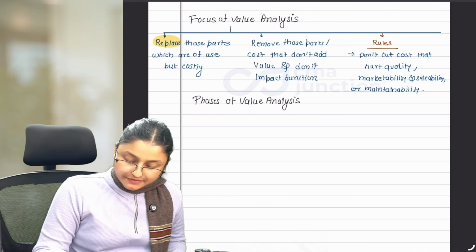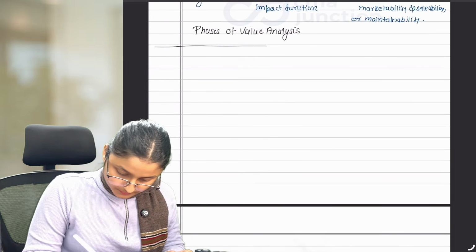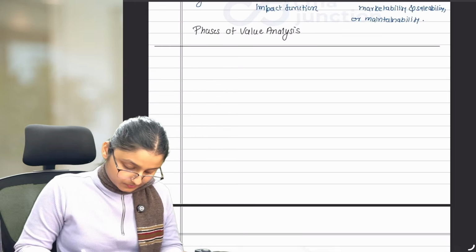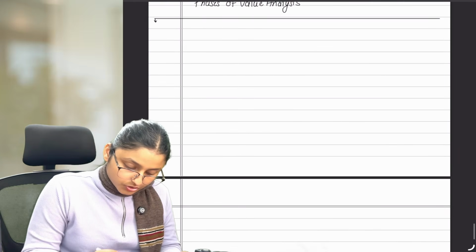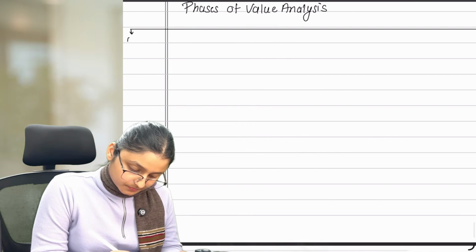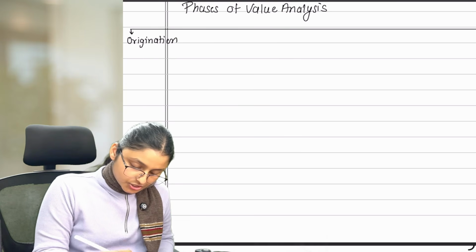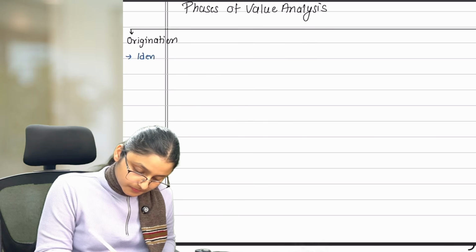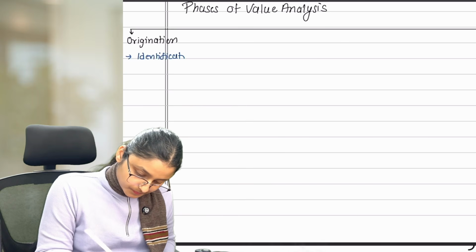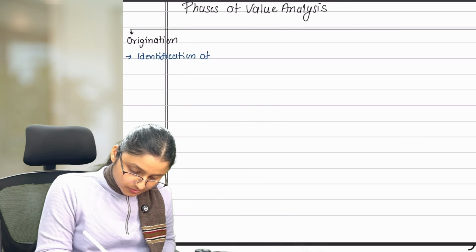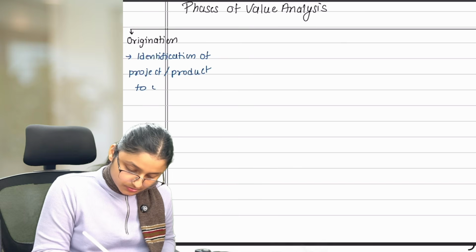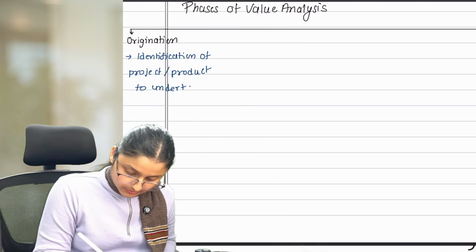So we have 7 phases of value analysis. Let's write it down. The first one is origination. Origination is identification of the project or product to undertake value analysis.